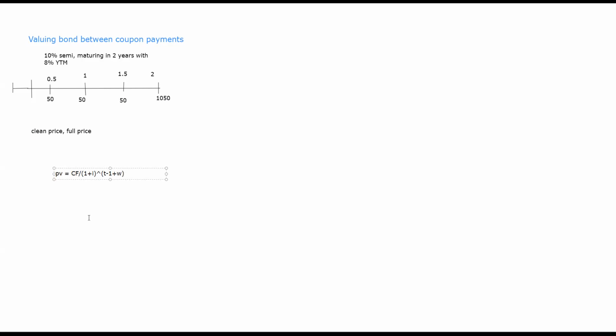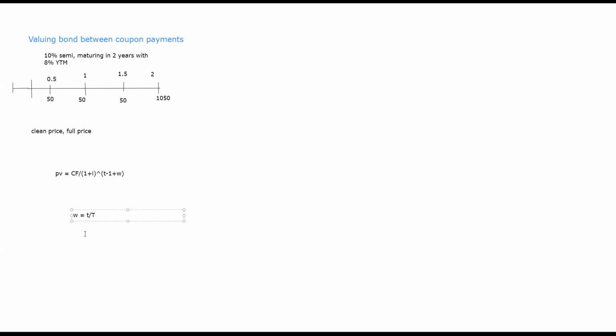How to calculate this W is very straightforward. The W is small t divided by large t.